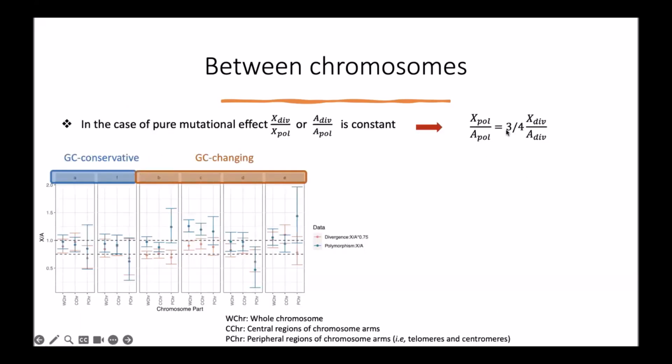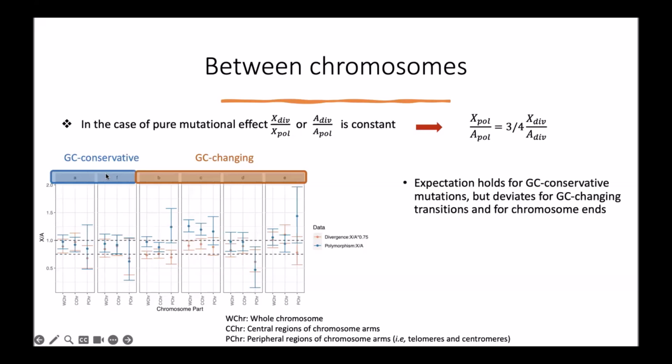To check this expectation, I plot the X over A polymorphism with the adjusted divergence values, which are multiplied by 3 over 4. If there is an overlap, I can say that the mutation can explain everything, but if there is a deviation, there is an effect of a directional force.